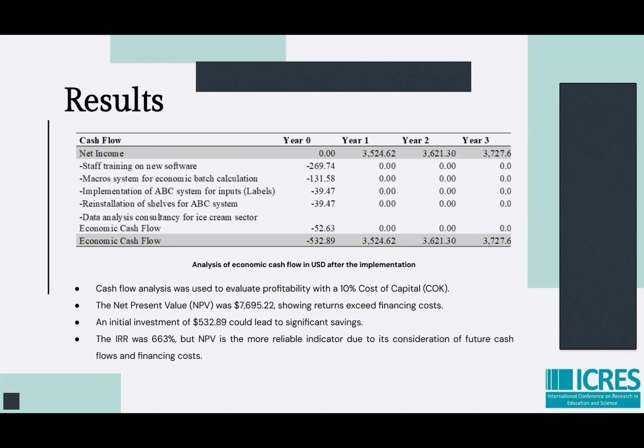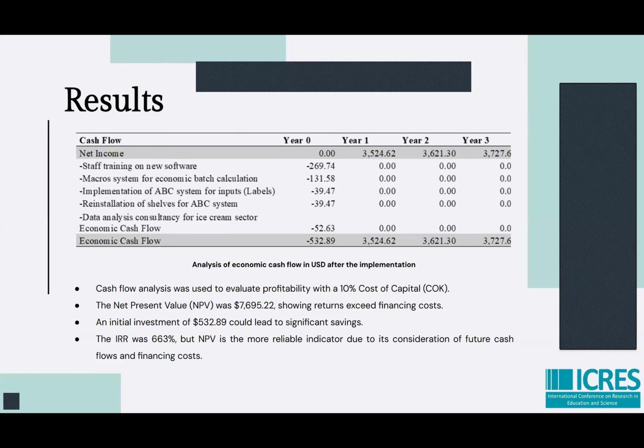Conclusion. So the study optimized inventory management for a growing ice cream company by applying ABC classification, economic order quantity, and reorder point strategies. The implementation improved operational efficiency, reduced inventory costs, and shortened lead times.